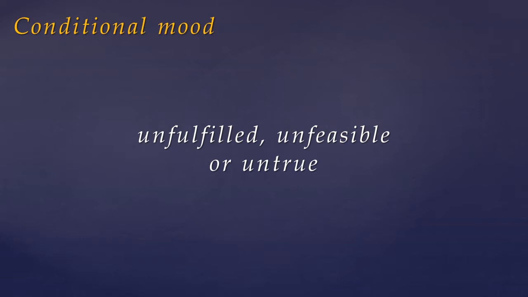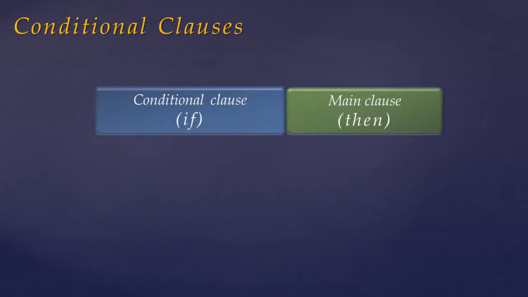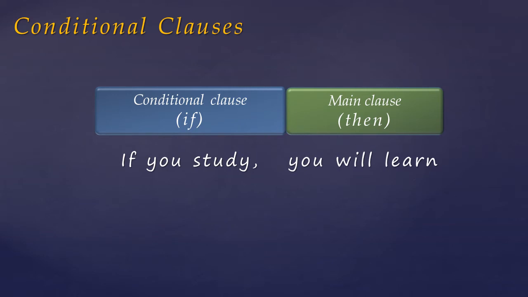To better understand this, we must return to subordinate clauses that we saw in lesson 27. A conditional clause is another type of subordinate clause, like a relative clause, and is used in an if-then sense. If the condition in the subclause is met, then the consequence in the main clause results. If you study, you will learn.